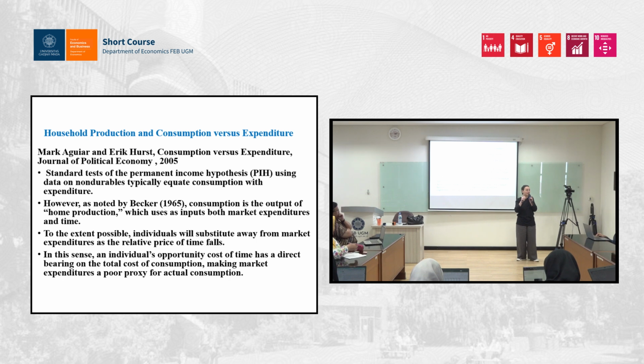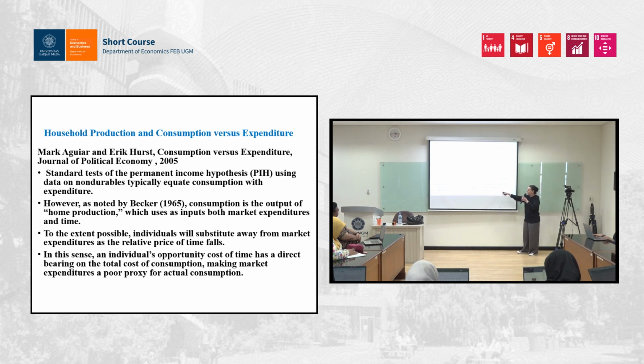In some cases, pension is even worse. So your income is now smaller, so your opportunity cost of time is lower. So you can spend less time in the market. Actually, you don't even have a choice because you're too old to work. You will spend more time in non-market activities. Okay? So the opportunity cost of time has a direct bearing on the total cost of consumption.